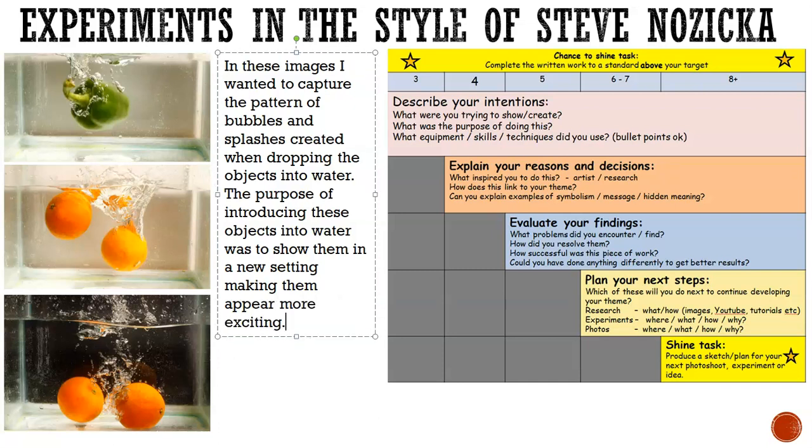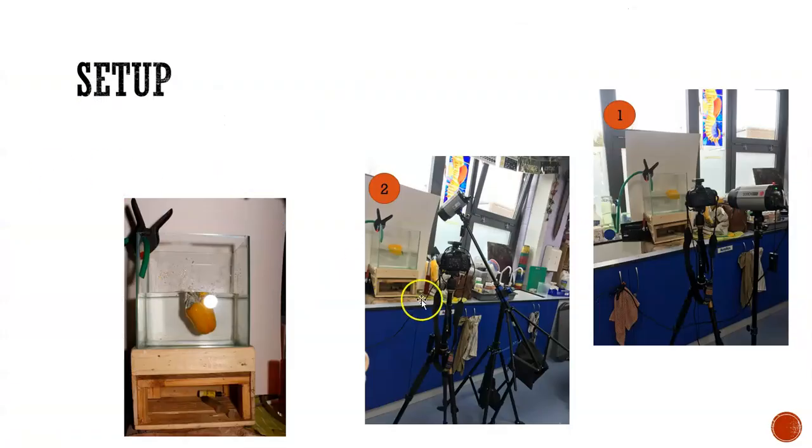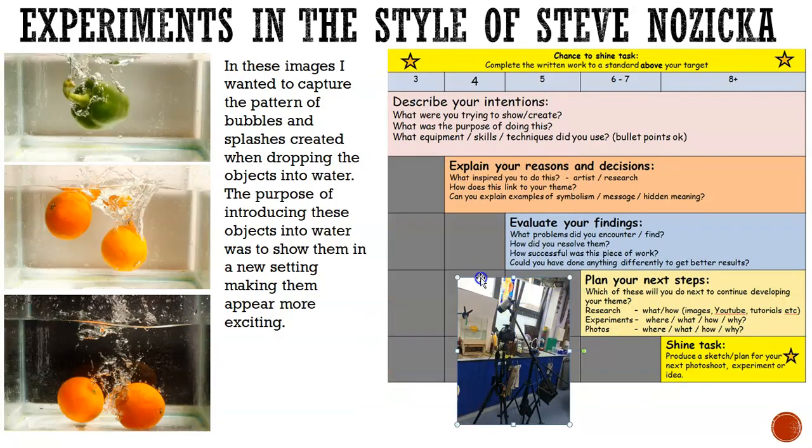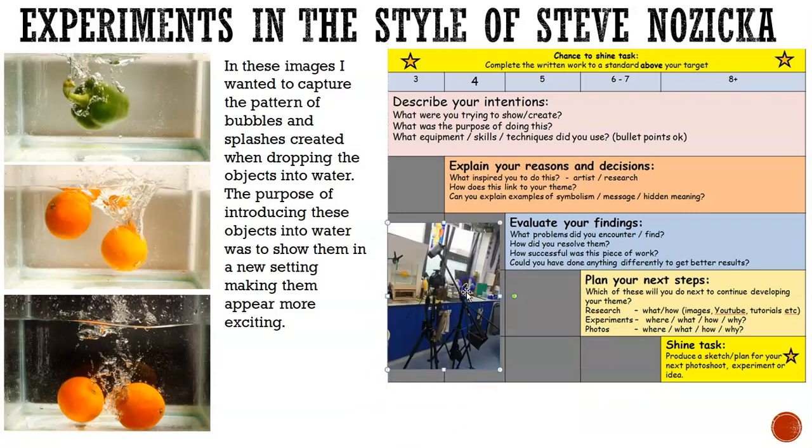Finally, for 3, what equipment, skills or techniques did you use? And it says I can use bullet points. Alternatively, if you took a picture of your setup, as this student did, you can also include that if that helps clarify things that you used. So what I'll do, I'll put that image there.